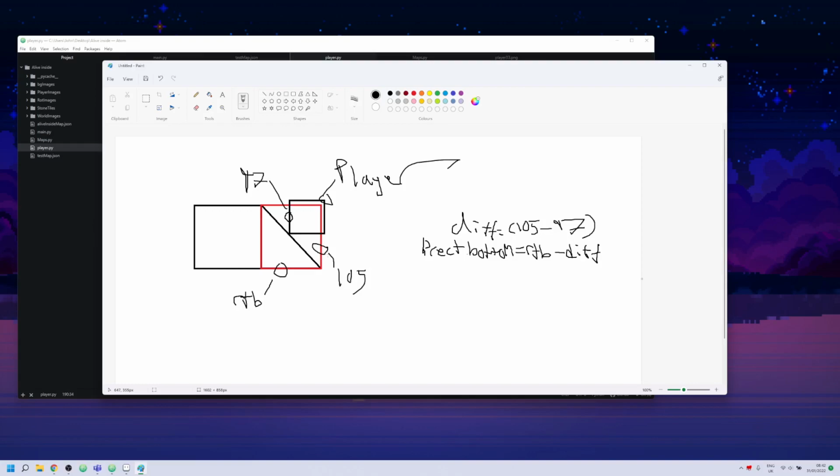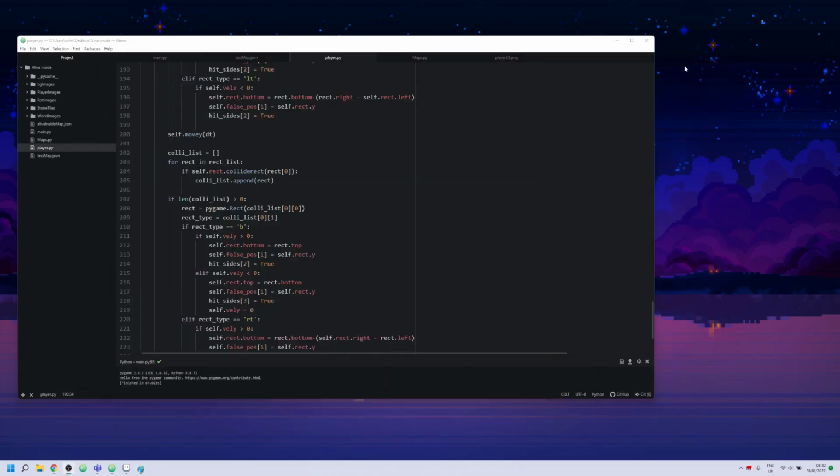I'll just show you in code, but that's the general basis of what you have to do to go up a ramp. How far in you are into the ramp's rect, you are equally as high as far in as you are in. So it's all synced together in terms of distance into the rect's hitbox.